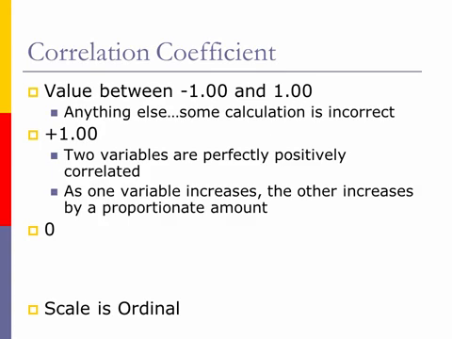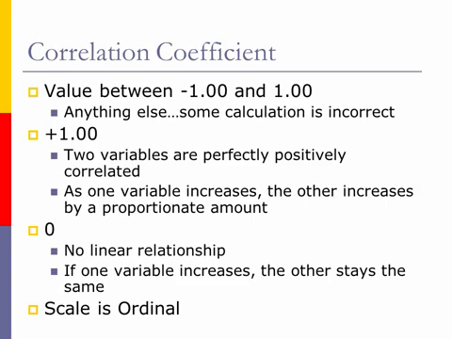We don't know what that proportionate amount is. Likewise, a -1, two variables are perfectly negatively correlated. As one variable decreases, the other decreases by a proportionate amount. If you end up with a Pearson correlation coefficient of 0, there's absolutely no linear relationship. One variable increases or decreases, the other one does not change.